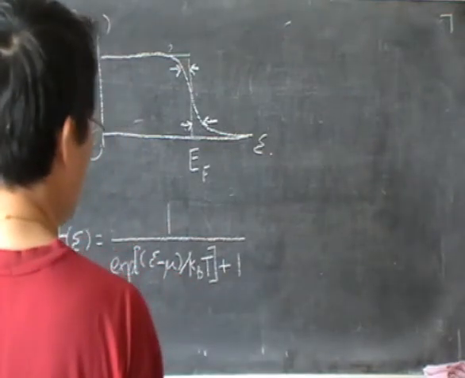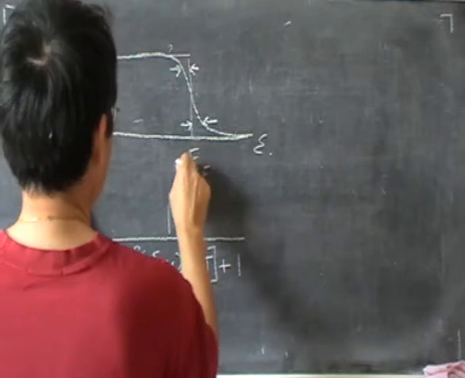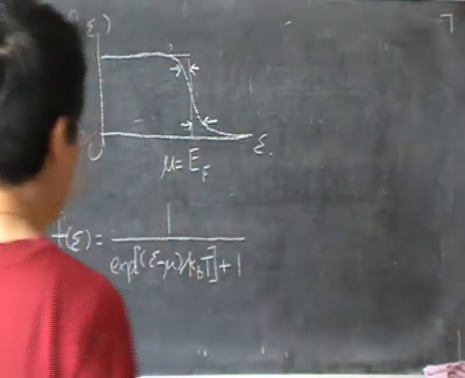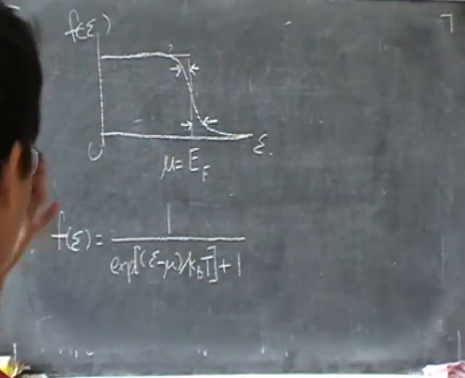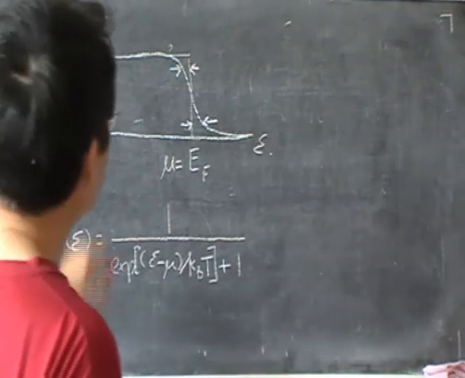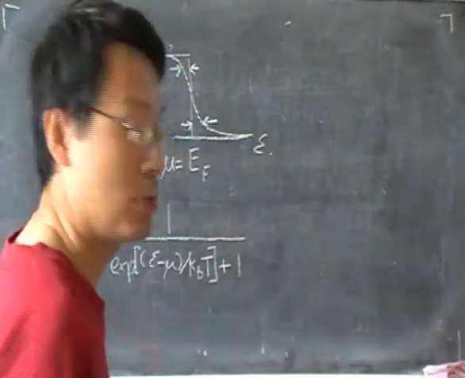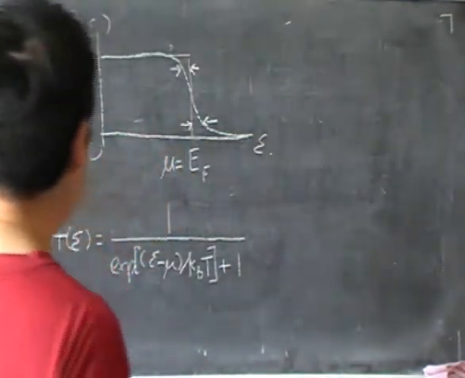I'll continue for the moment to use mu and E_F interchangeably. Mu is just E_F. Okay. So what I'd like to do now is to obtain an expression for this part of the curve, an approximate expression.